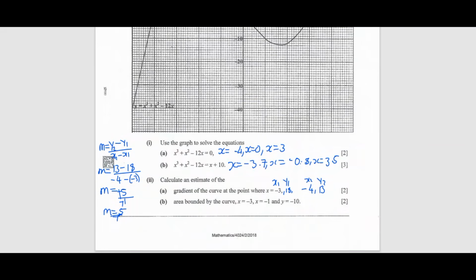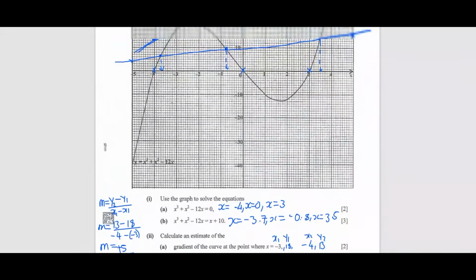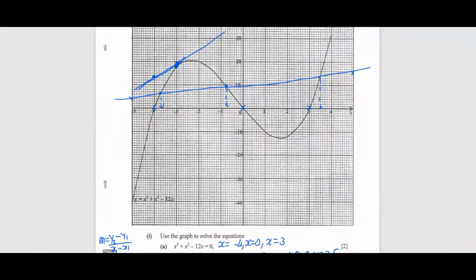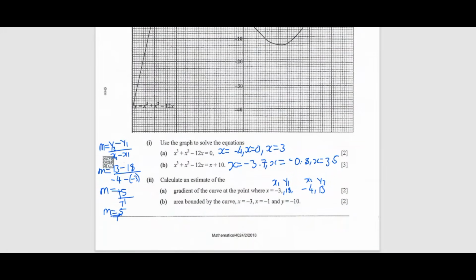Okay, let's also find another gradient, but this one let's differentiate. We know that we can find the gradient at this point using the first derivative of a given function. So let's differentiate. y is equal to x raised to the power 3 plus x squared minus 12x.